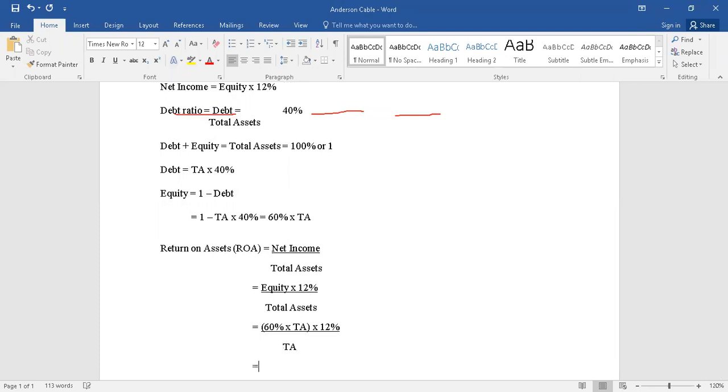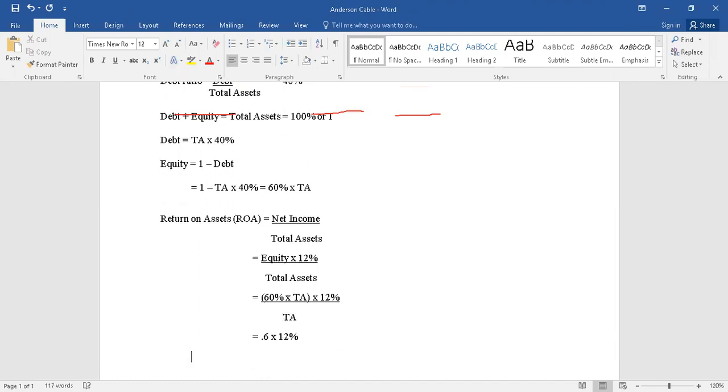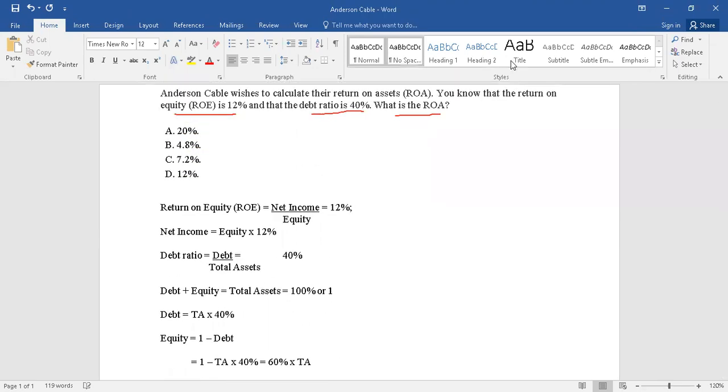Ultimately, we have 60% is 0.6. 0.6 into 12% comes out to be 7.2. That's it. That's the answer. So we go with the option C. C is the right answer for this particular question.